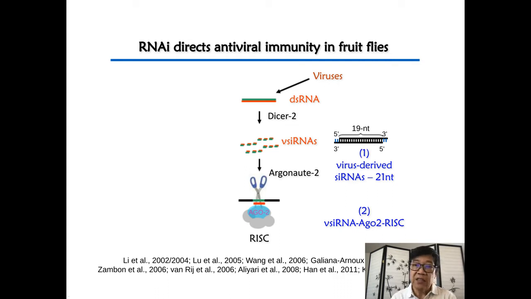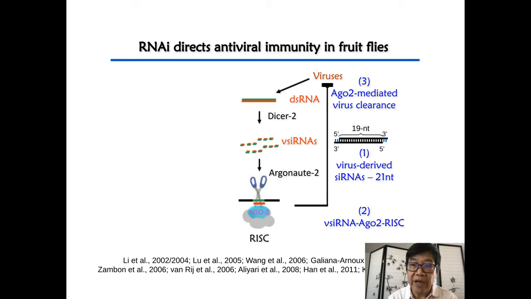And these vsRNAs are then loaded into AGO2 RISC to mediate AGO2-dependent virus clearance to suppress viral replication.